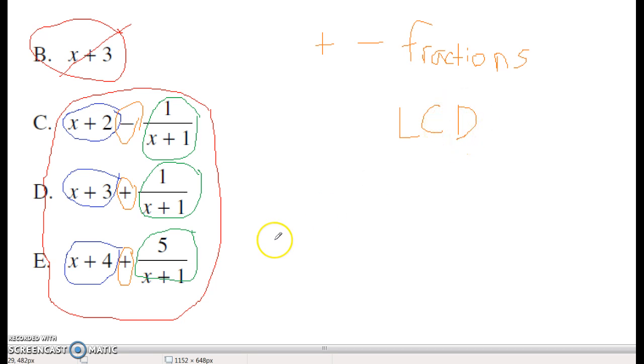To be able to add two fractions, you have to find the least common denominator. That is the smallest number that both of these numbers will go into equally. We're lucky in this. If you look at the bottom expression of all of these, x plus 1 is the bottom expression.